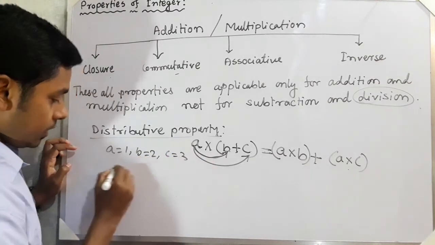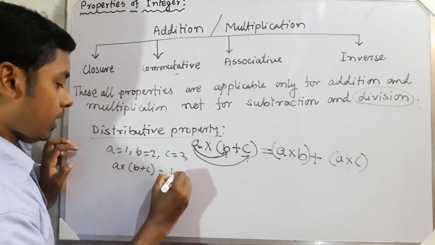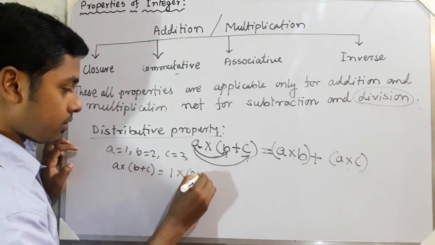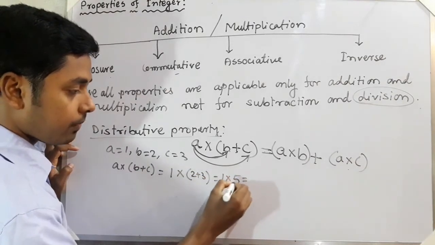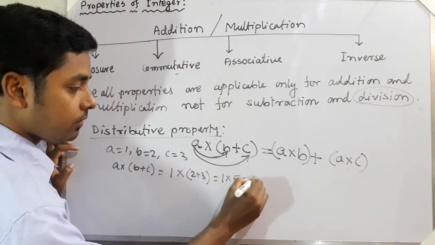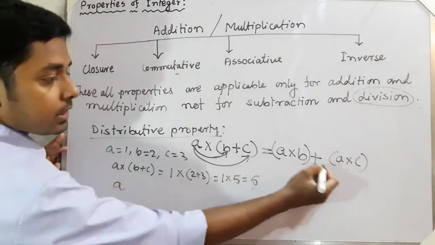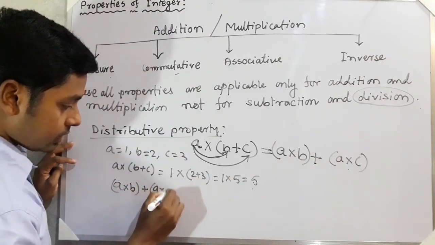Now to check it, suppose a is equal to 1, b is equal to 2, c is equal to 3. So a into (b plus c) is equal to what? 1 multiplied by (2 plus 3). That means 1 into 5, that is 5. Now on the right hand side: a into b plus a into c.